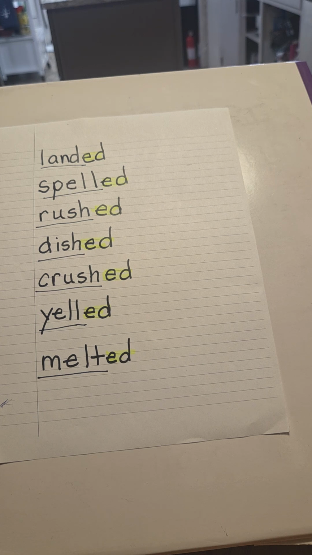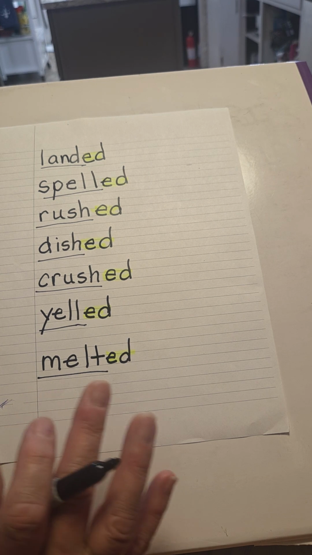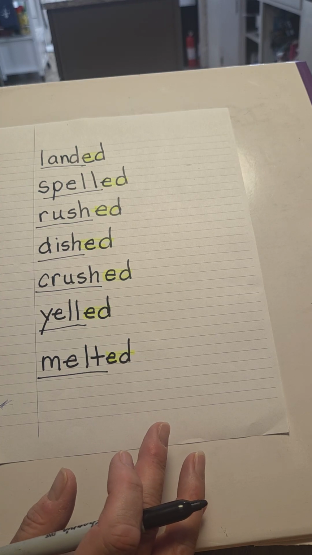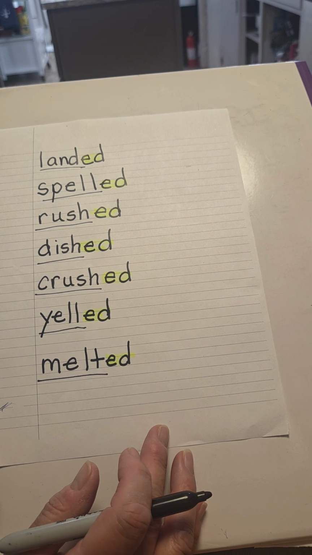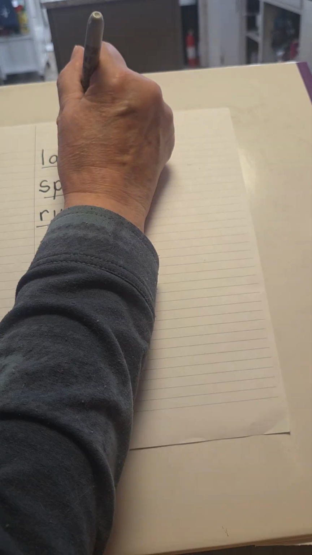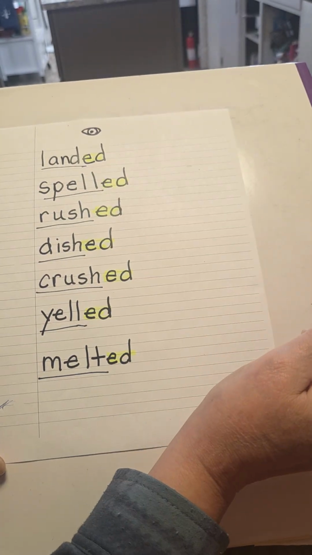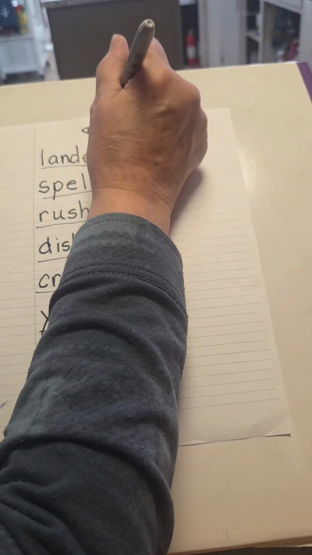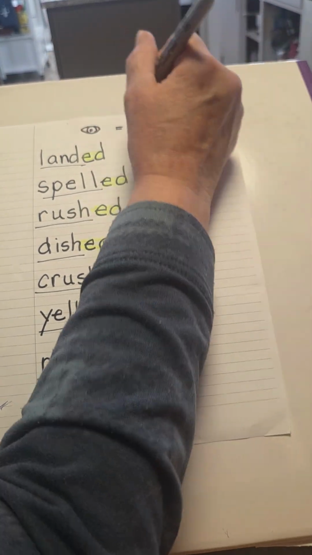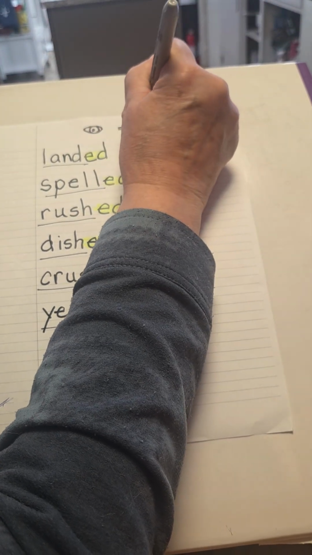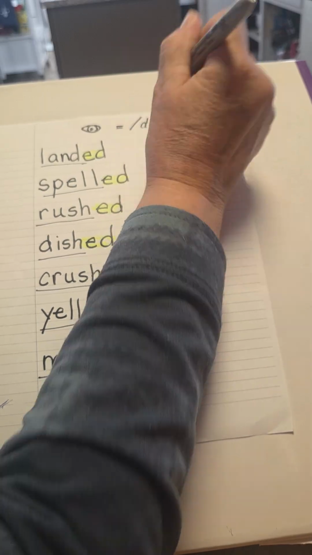Yep. Nothing changed. We didn't double a letter. We didn't change a Y to an I. It may happen in other lists, but it's not happening here. So we added an ed. That's what our eyes see. But that's not what we hear. When you add an ed, you will hear a d. That's the D sound.